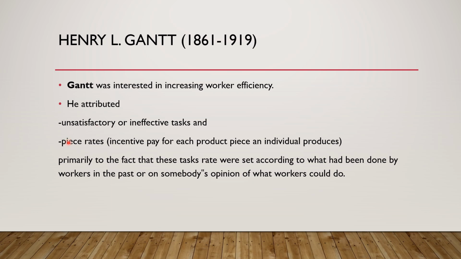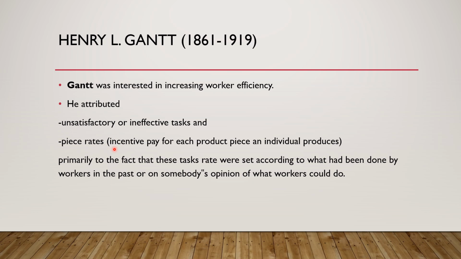compensation. And the second was piece rate, an incentive pay for each product piece. So let us say on average people are making 40 pieces per product. So 40 is the effective, or let us say satisfactory, value, and over and above that, every worker who would be making more products would be paid on the piece rate system. So that is a good incentive.